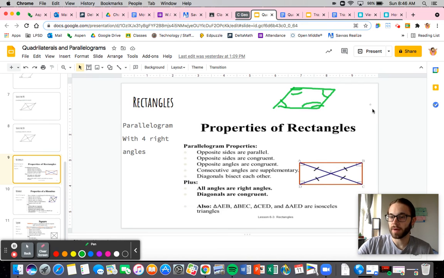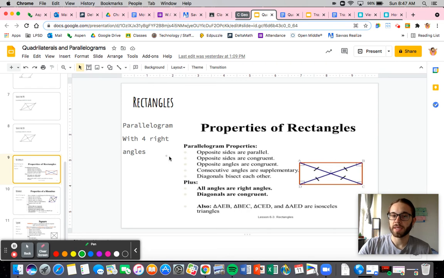And now because they're all right angles, now they're all congruent, right? And that makes sense because if this one's 90, we already know this one has to be 90. And because these are supplementary, 90 plus something equals 180. Well, the other thing is 90, so they're all 90, all right? So a rectangle itself will just be a parallelogram with 4 right angles. So all the angles will be congruent.